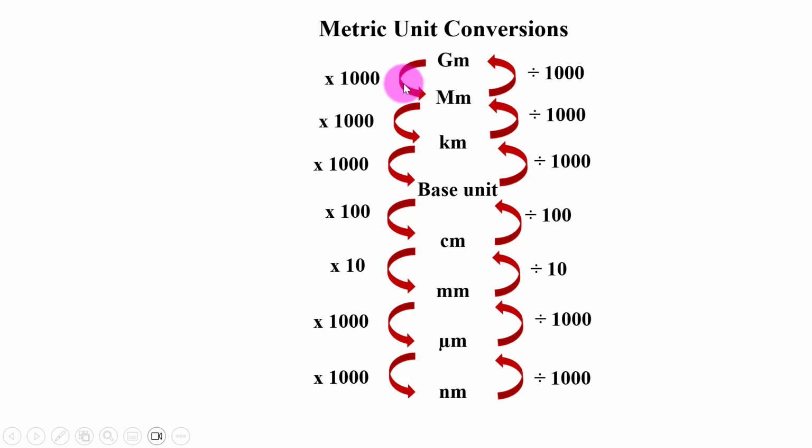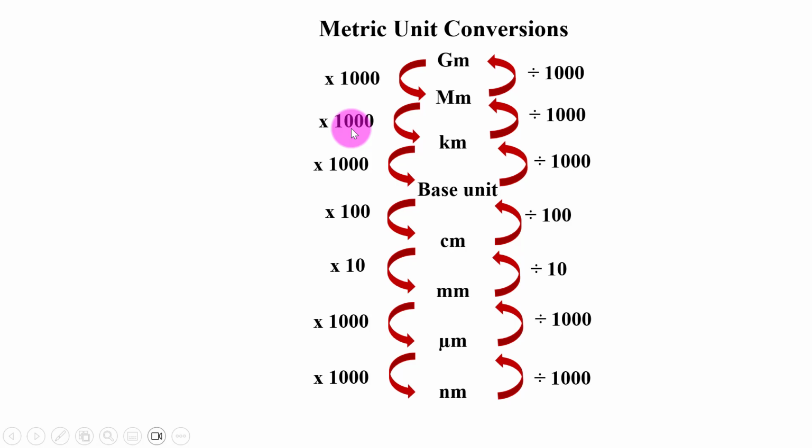However, each step I need to multiply by 1,000. So to go from gigameters to kilometers, I multiply by 1,000 and another 1,000. So I multiply by 1,000,000, or count zeros: 1, 2, 3, 4, 5, 6. Since I'm multiplying by 1,000,000, I can move the decimal place of the number that I'm starting with to the right 6 places, corresponding to 6 zeros.